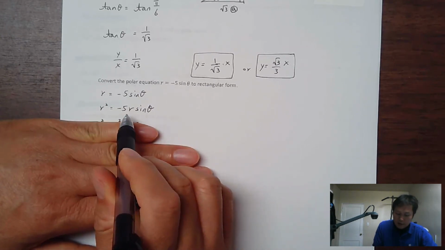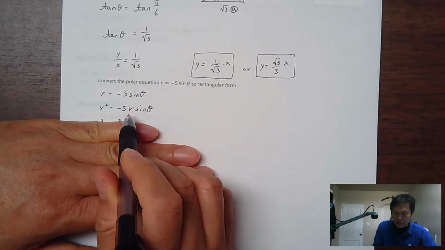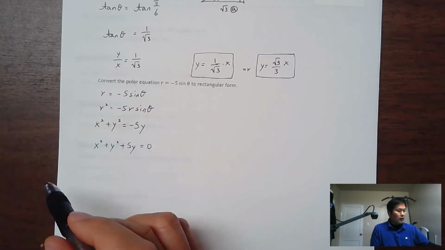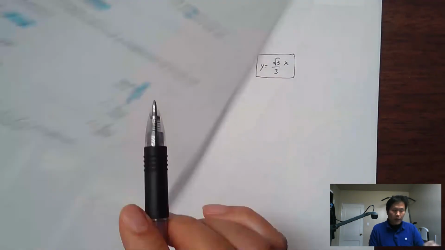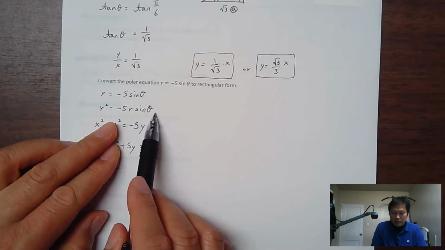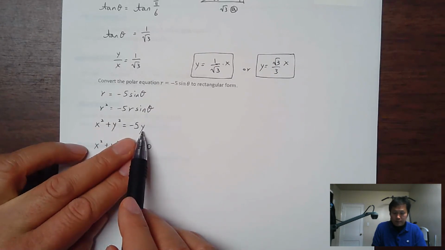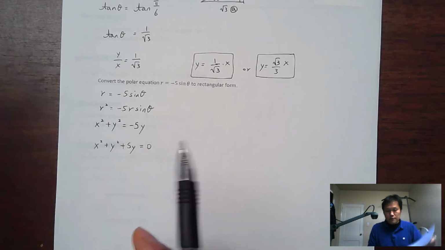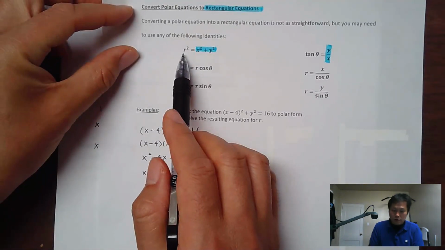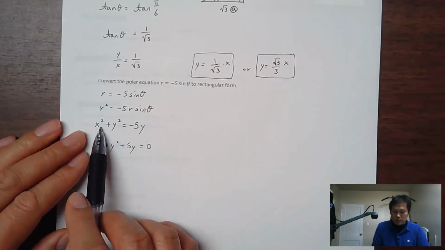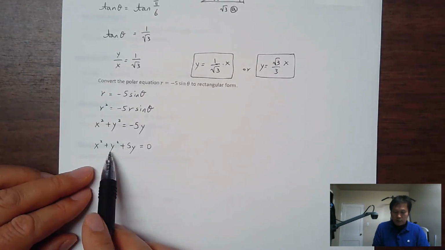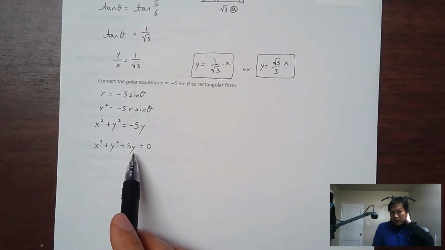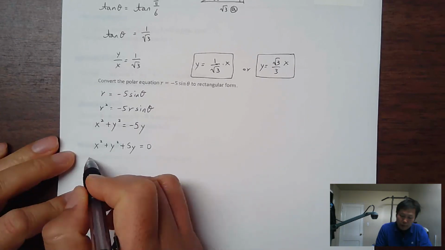Because if you look at the right hand side, now we have r sine theta, which we can replace with y. r squared works very nicely with the formula r squared equal to x squared plus y squared. So r squared you can replace with x squared plus y squared and move that to the left. x squared plus y squared plus 5y equal to 0, and that will be it.